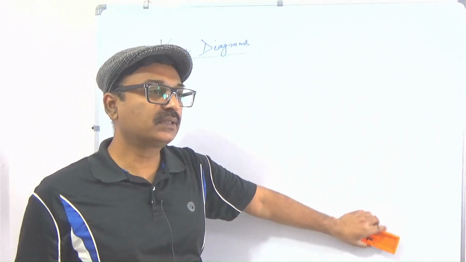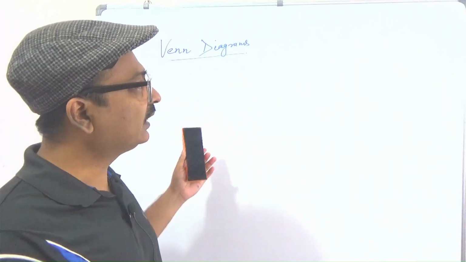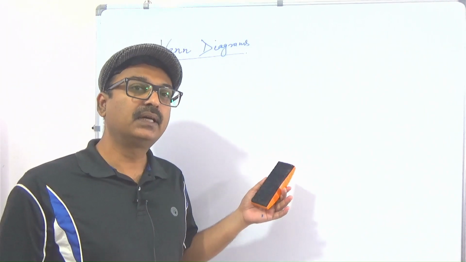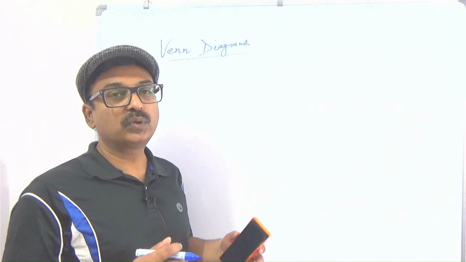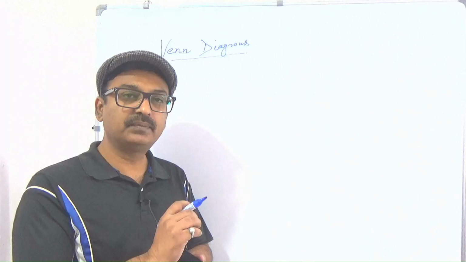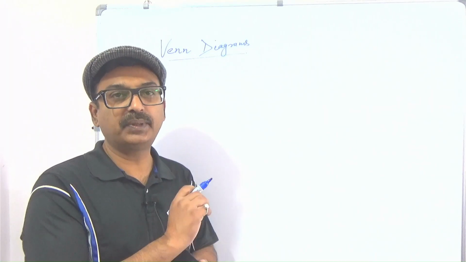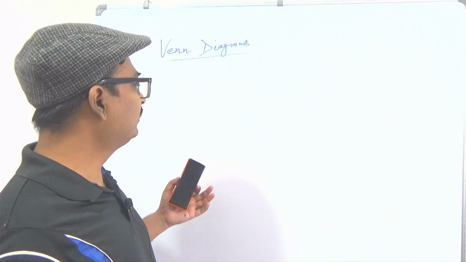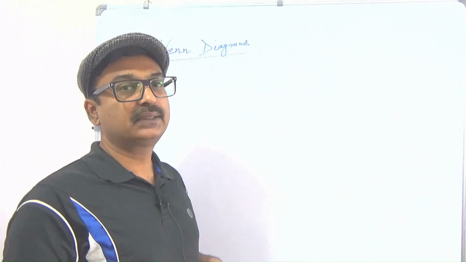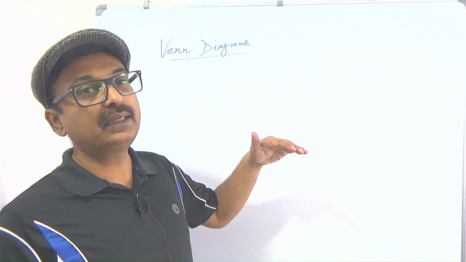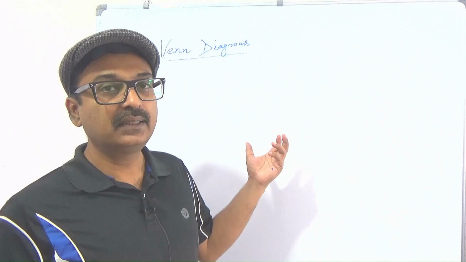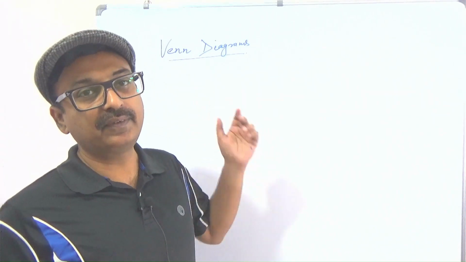Venn diagrams, as the name suggests, are diagrams that represent relations between sets. If we have more than one set, or even a single set, it can be represented. But when we have a number of sets and a relation between those sets, that can be very easily and graphically represented by Venn diagrams. How?